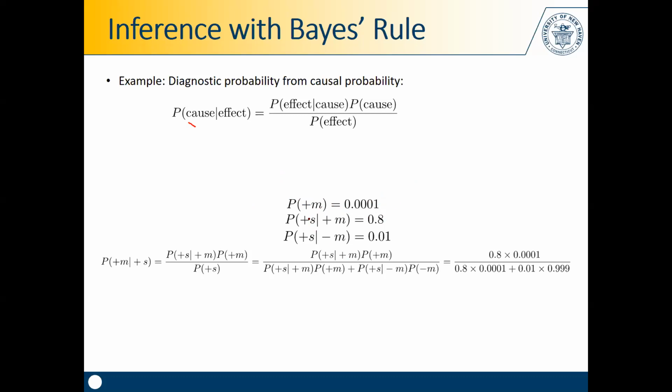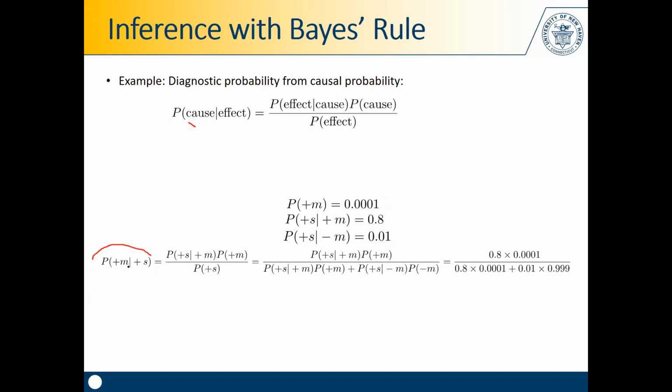The probability of having headaches with a patient who has migraines is given as 0.8. The probability of having headaches when the patient doesn't have a migraine is given as 0.01. Of course, this is an example. This is not realistic.